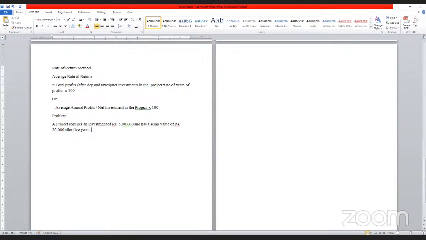It is expected to yield profits after depreciation and taxes during the 5 years amounting to rupees 40,000, rupees 60,000, rupees 70,000, rupees 50,000, and rupees 20,000.